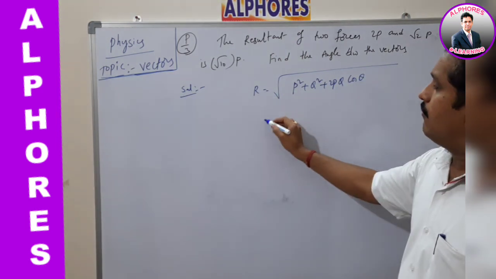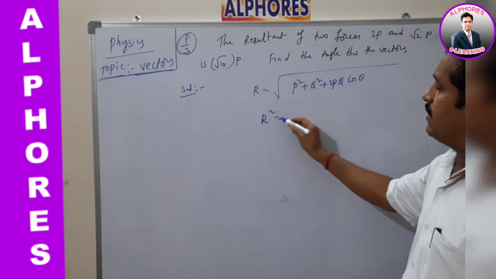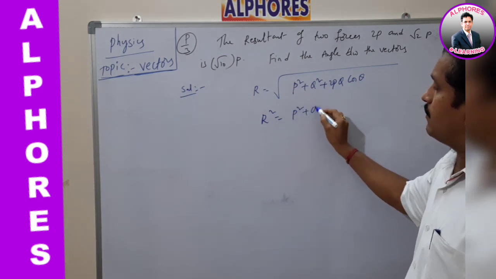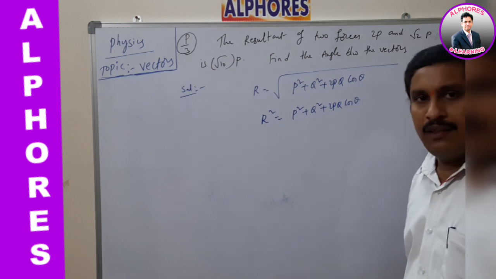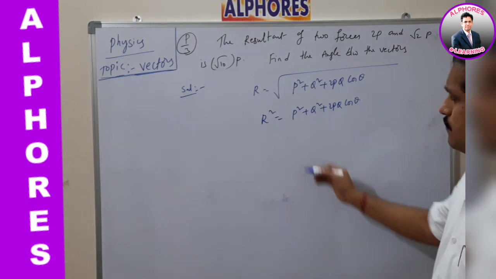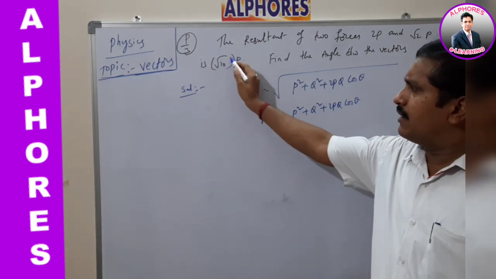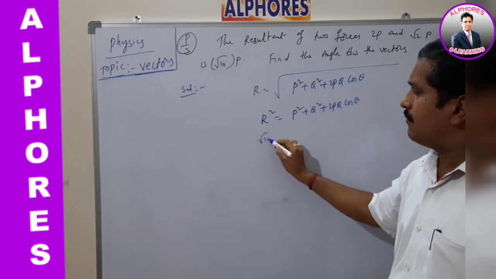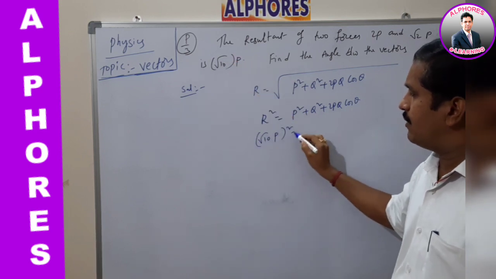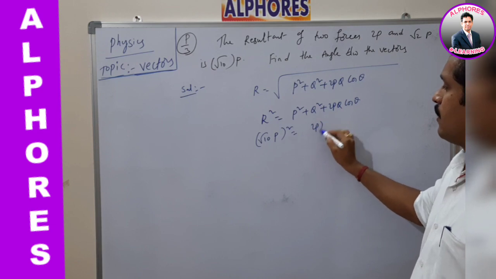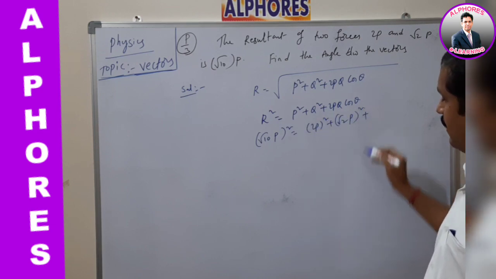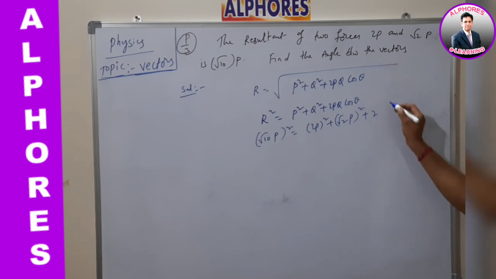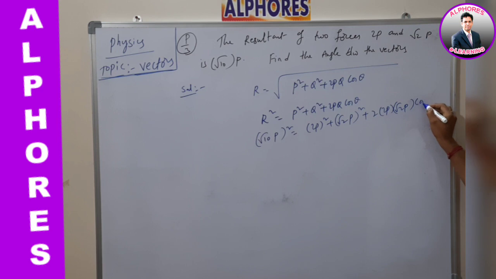Squaring on both sides, r square is equal to p square plus q square plus 2pq cos theta, right? Now here r square is root 10 into p whole square, which is equal to 2p whole square plus root 2 into p whole square plus 2 into 2p into root 2 into p into cos theta.